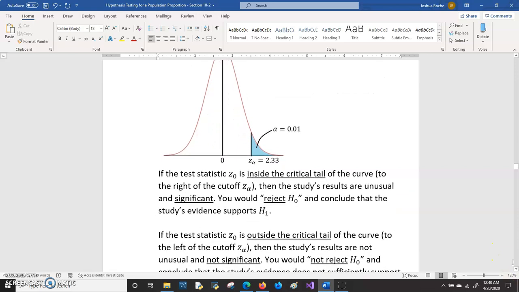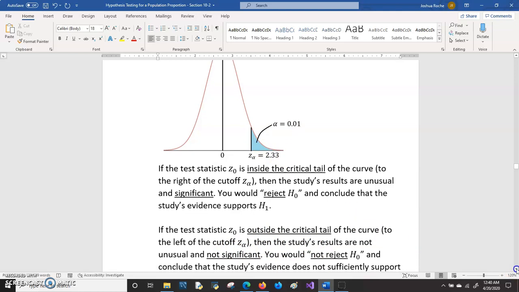And just as a reminder, if our test statistic is inside the tail, that means that our results are significant and unusual, and we would reject the null hypothesis. If the test statistic is outside the tail, if it's on this side, that means that the results are not significant and you would not reject the null hypothesis.